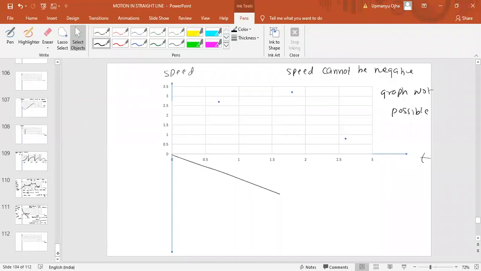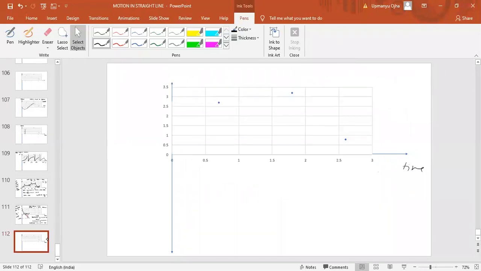Okay, next problem we can do. I hope you are getting this, how we are finding the area under the graph. If a graph is given to us, how to find the area, how to find the speed, how to find the acceleration. Next, if some graph is given, a distance versus time graph, and the graph is like this.